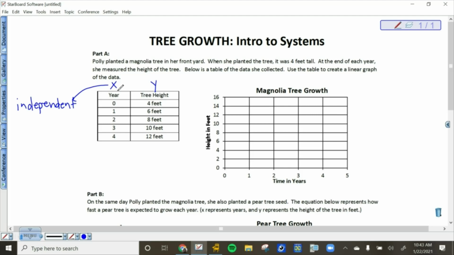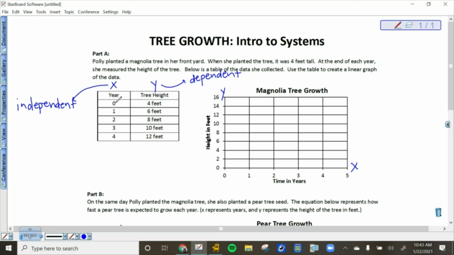Time is always our independent variable because we can't control time. It just happens. And then y would be our dependent variable. Y is our vertical axis, x is our horizontal axis.